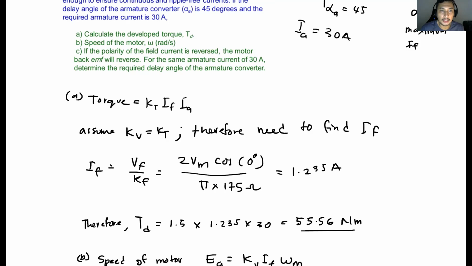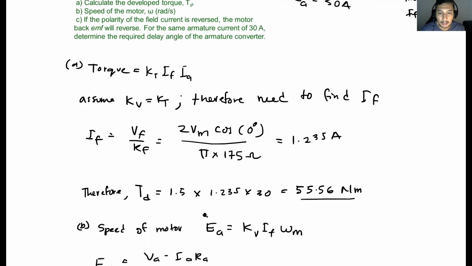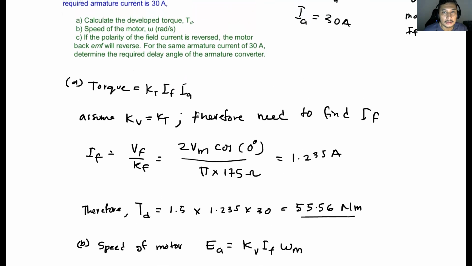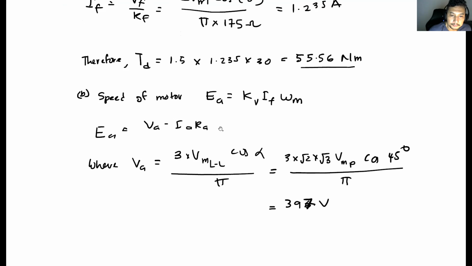Because as you can see here in the equations, the back EMF and also IF. If IF is reversed, meaning a negative value, the same will go to the EA. So EA will also have a negative, reversed value. For the same armature current, which is a positive 30 ampere, determine the required delay angle of the armature converter.